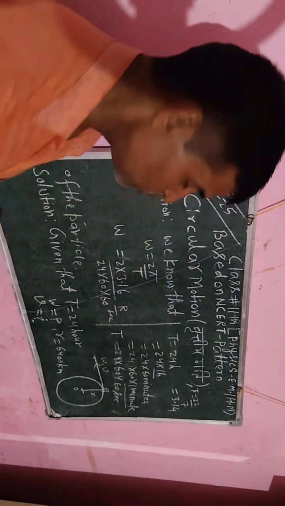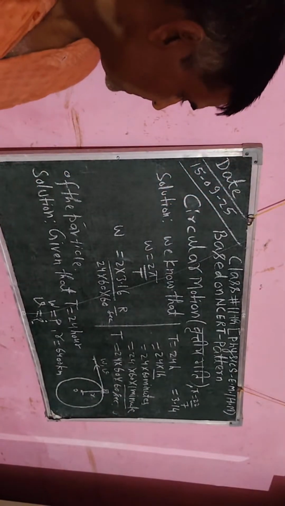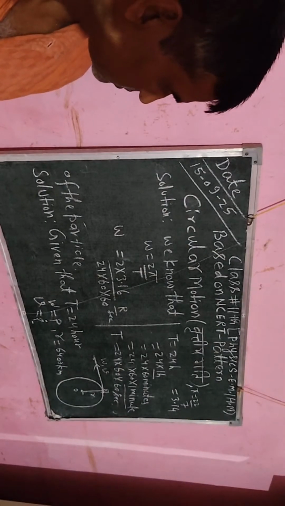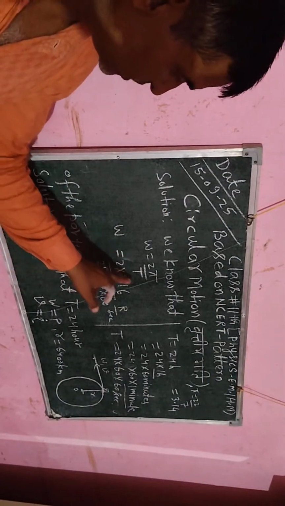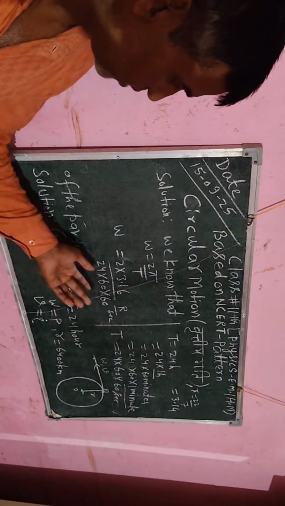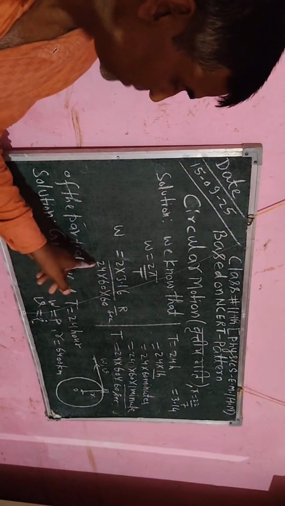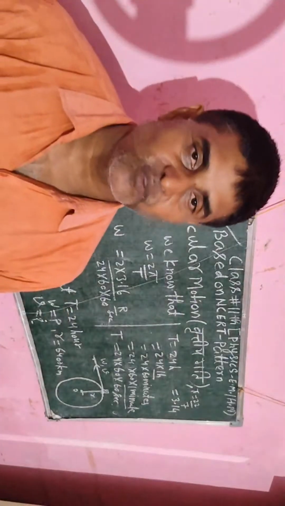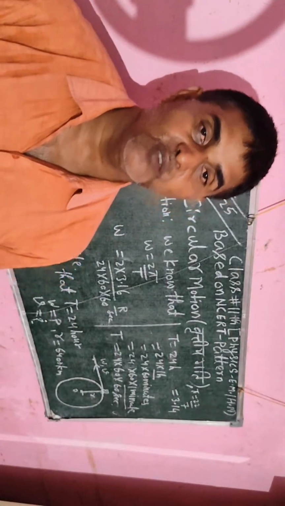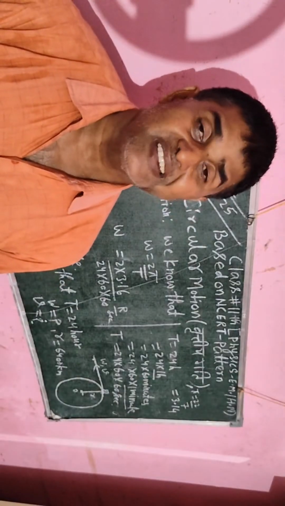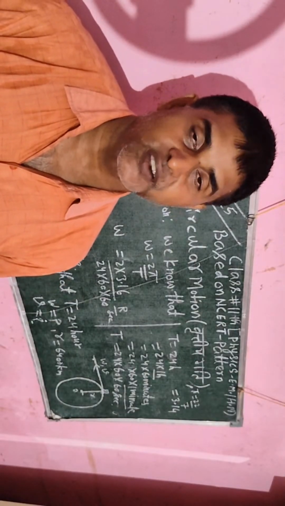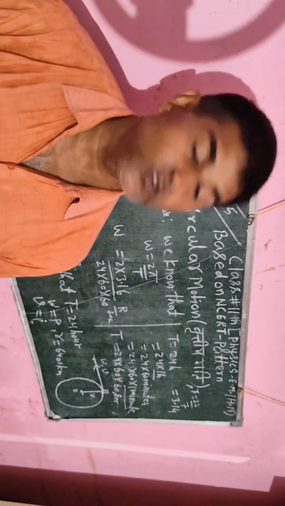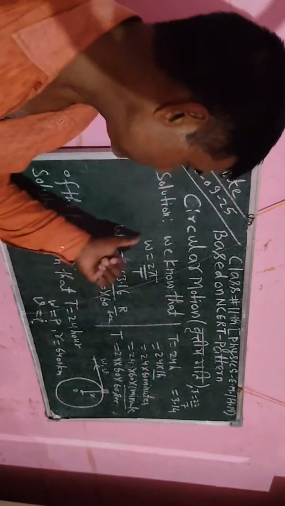Okay student, I hope that you are understanding all this information easily. After multiplying 2 into 3.14 and dividing by the multiplication of 24 into 60 into 60, we will get a value, and that will be the value of omega, and its unit will be radian per second.